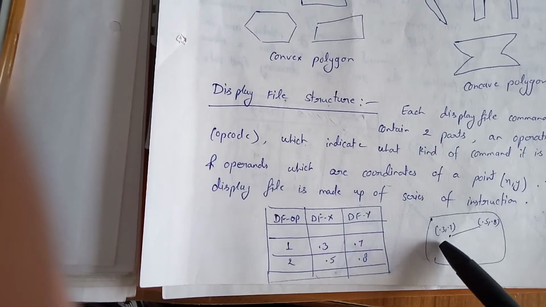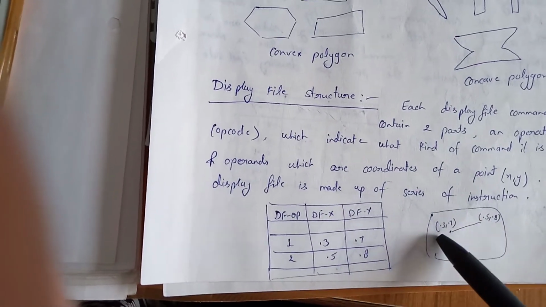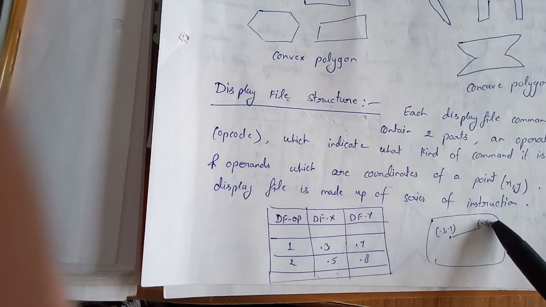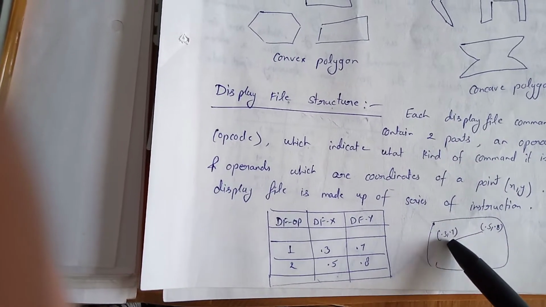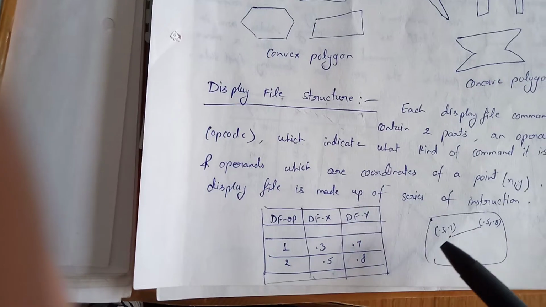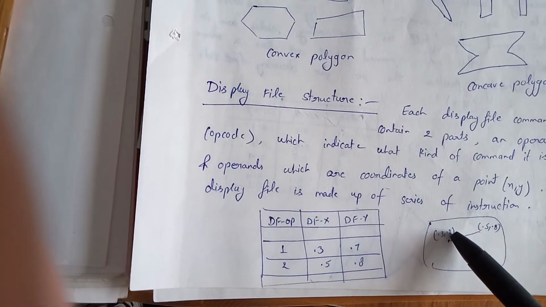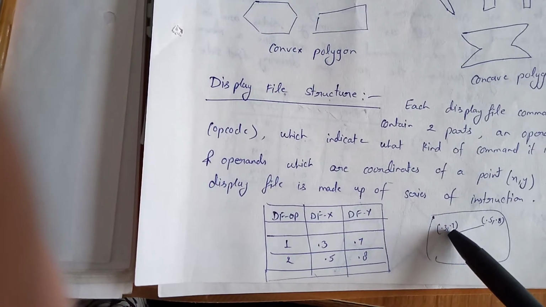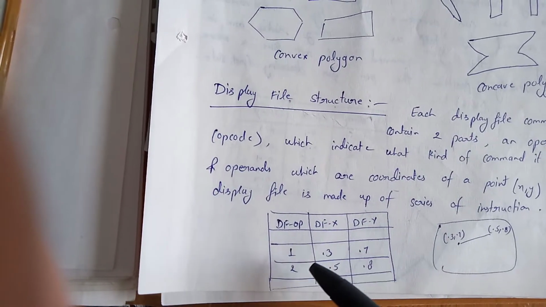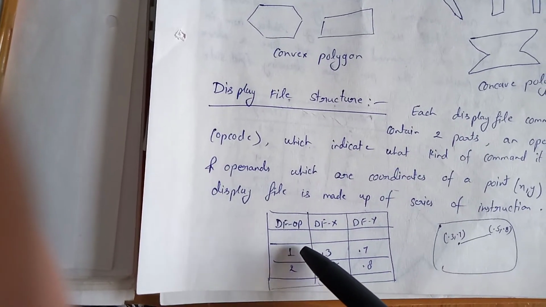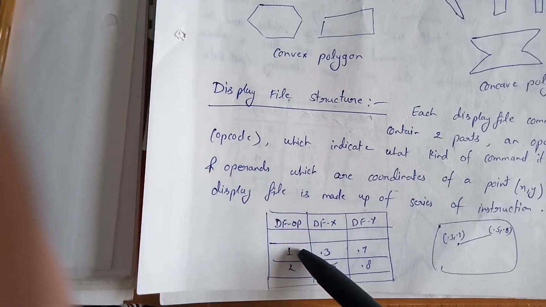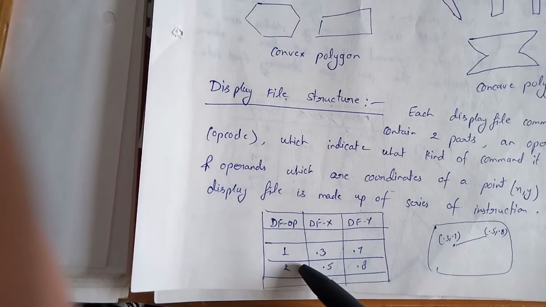Suppose I want to draw a line from one point to another point. This is x1 y1 and this is x2 y2. So for drawing a line from one point to another, the first x coordinate is 0.3 and the y coordinate is 0.7. This is 1 point, and for drawing any point the command is 1, and for the line the command is 2.